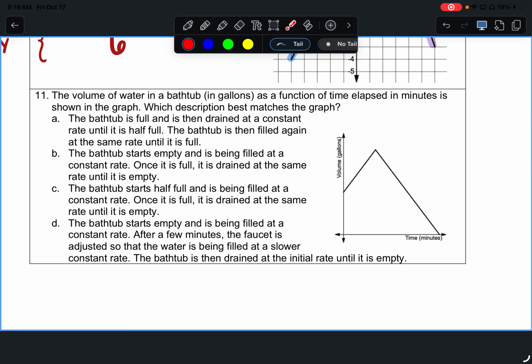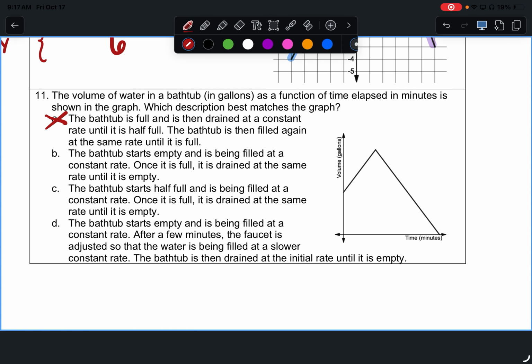A says the bathtub is full, then it is drained at a constant rate until it is half full, then it is filled again at the same rate until it is full. Is that what that picture is showing us? Is it showing us a bathtub that is full over here? No. Okay, so can it be A? For B, the bathtub starts empty and is being filled at a constant rate.